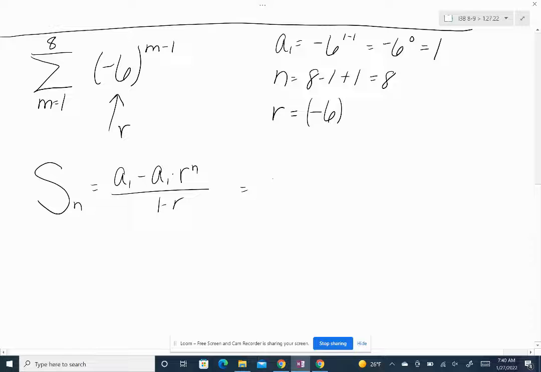Okay, so my first term is 1 minus 1 times r, which is negative 6 to the power of 8. Put a little note right here. I had issues in my calculator earlier. Couldn't figure out why. It's because I was doing this negative to the power. So make sure you keep it in parentheses in your calculator.